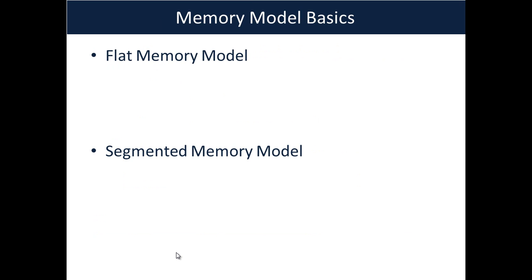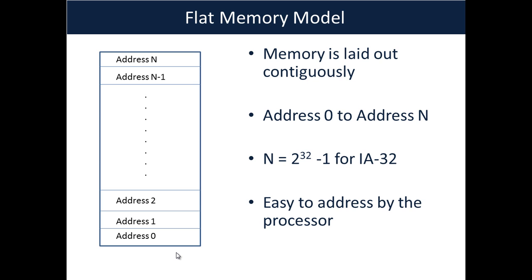Okay, so let's start. First, we'll try and understand memory models. In this, we'll look at two different models. One is the flat memory model and the other is the segmented memory model. So what is the flat memory model? Well, in this case, memory is laid out contiguously. What we mean by that is address 0, 1, 2, 3, and so on till address n are laid out linearly, one after the other.